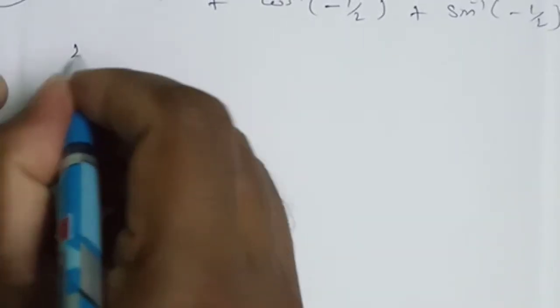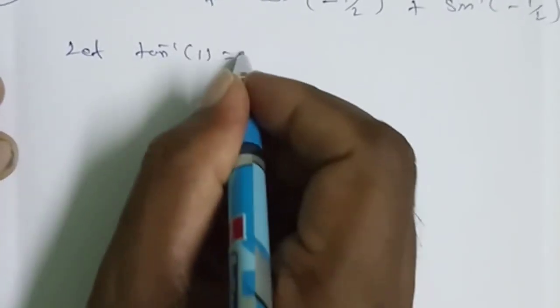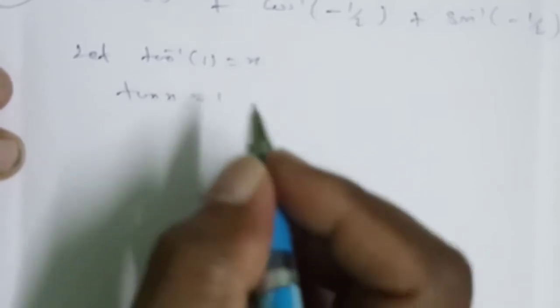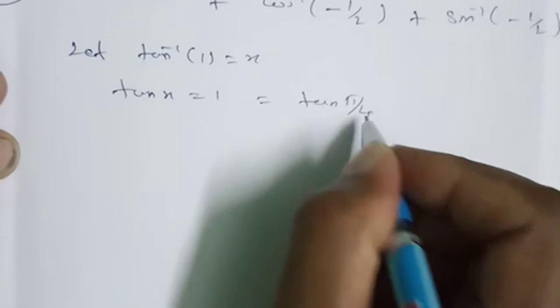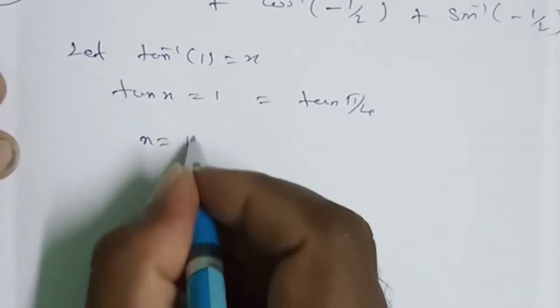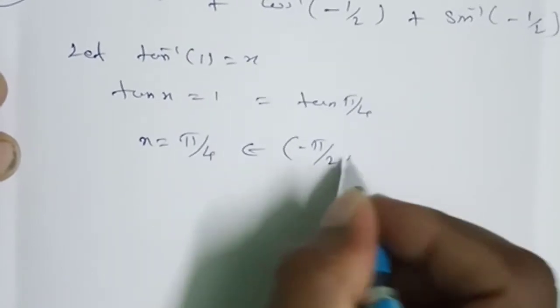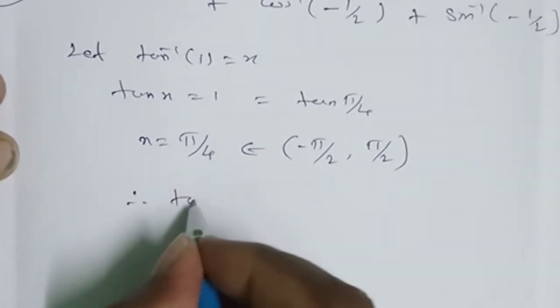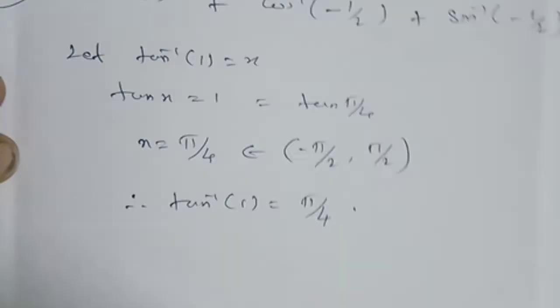So first let tan inverse of 1 is equal to x. So tan x is equal to 1. This is equal to tan pi by 4. So x is equal to pi by 4, which belongs to minus pi by 2 comma plus pi by 2. Therefore tan inverse of 1 is equal to pi by 4.